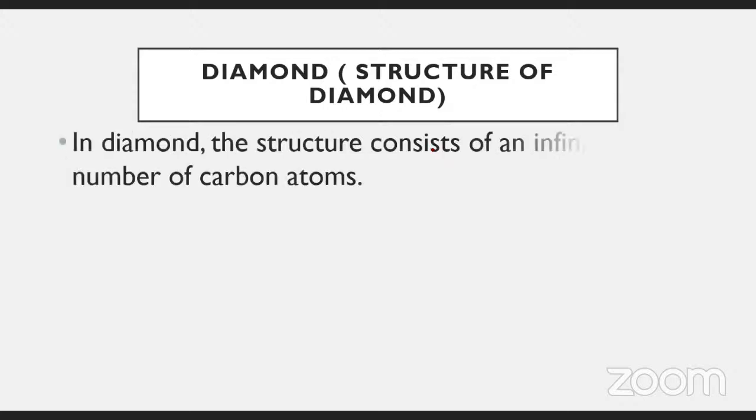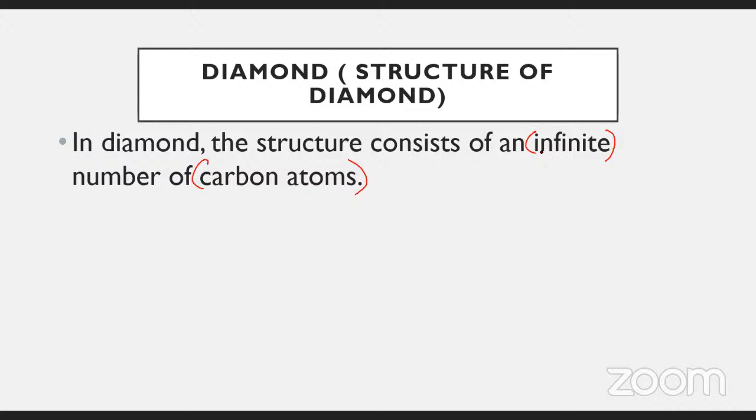So let's move on slowly. We say in diamond, the structure consists of an infinite number of carbon atoms. Miracle says carbon is hard. Okay, thank you, Miracle. I think you mean diamond, or carbon in the form of diamond, which is hard.